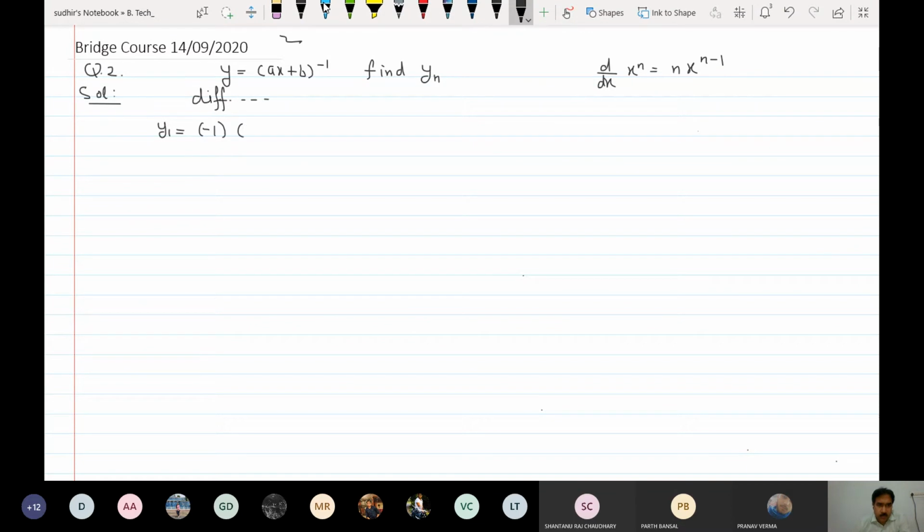So n, that is minus 1, times (ax plus b) raised to the power minus 1 minus 1. That is the formula. Okay. And then multiplied by the differential coefficient of ax plus b, which is a. Is there any doubt? We have applied this formula where n is minus 1. So we can also write directly that it is minus 1 into a into (ax plus b) raised to the power minus 2. Is there any doubt?